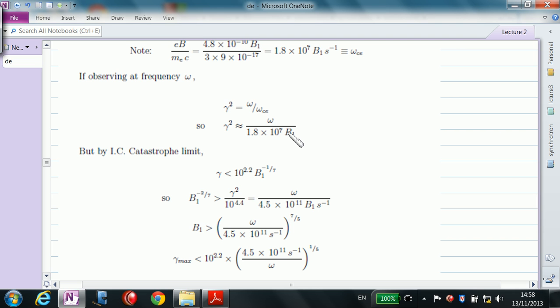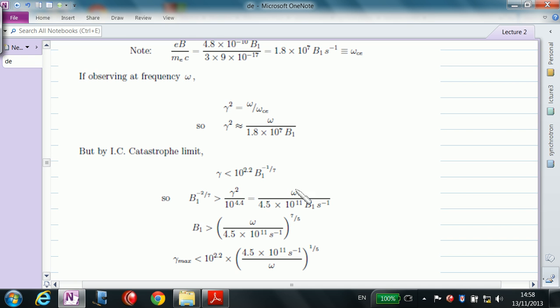because, well, it's eB over mc, and if I write that in terms of B, which is B1 Gauss, and I just write eB over mc for 1 Gauss, I get this number.